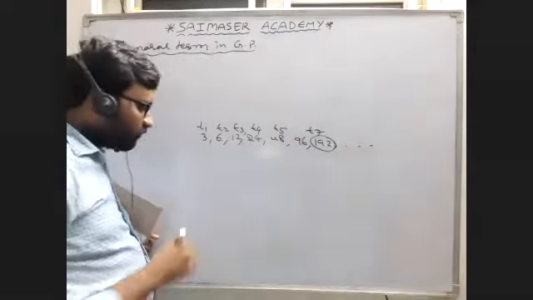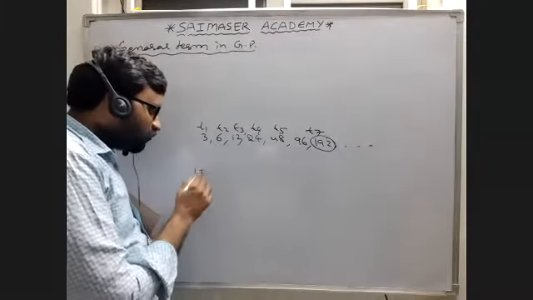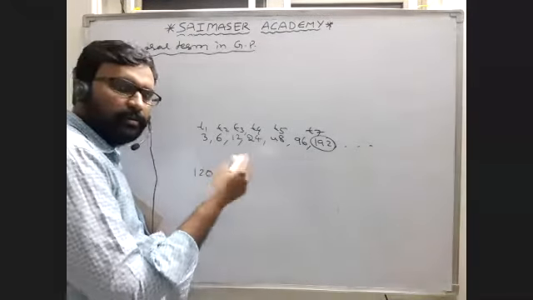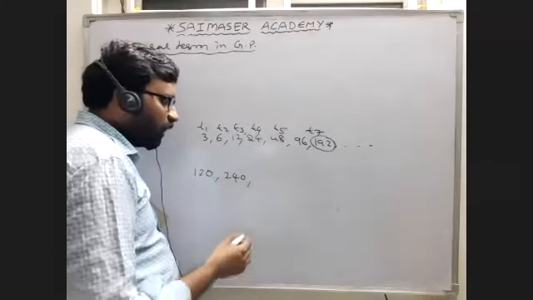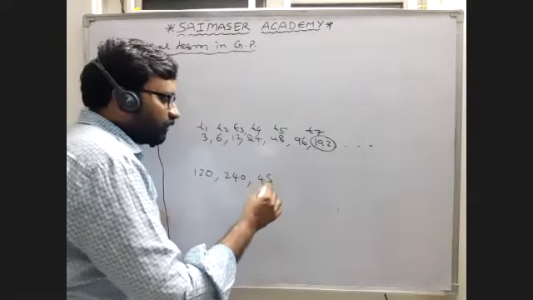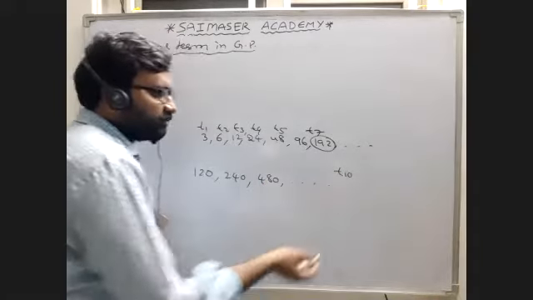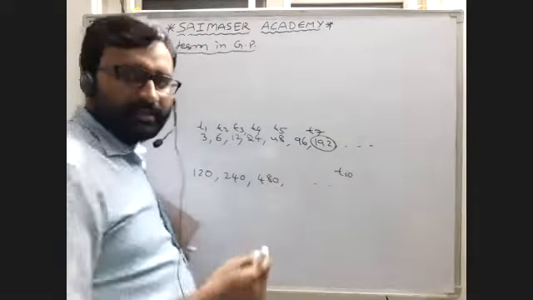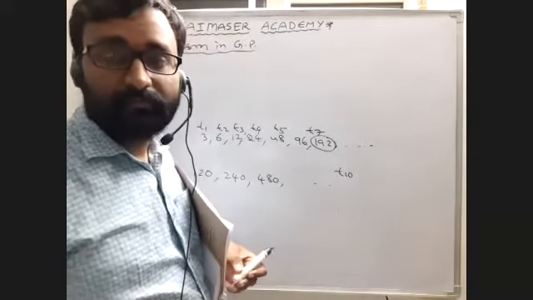but for small numbers only. Suppose the progression starts with 120, then 120 2 ja 240, 240 2 ja 480, like that. If you ask for T10, the 10th term, we can't multiply like this. We can do it, but it will take most of the time.